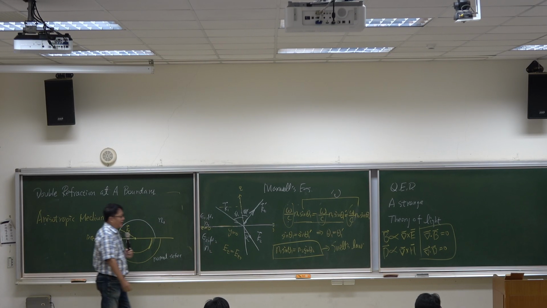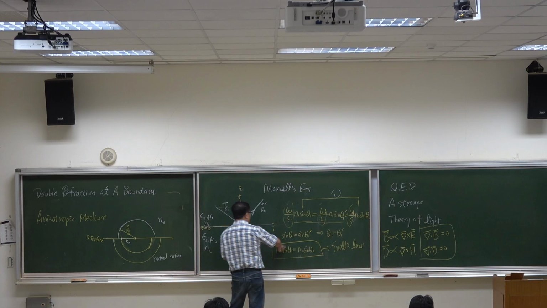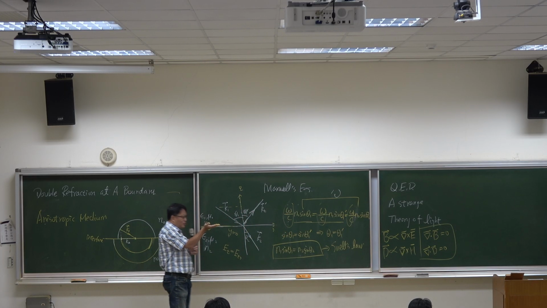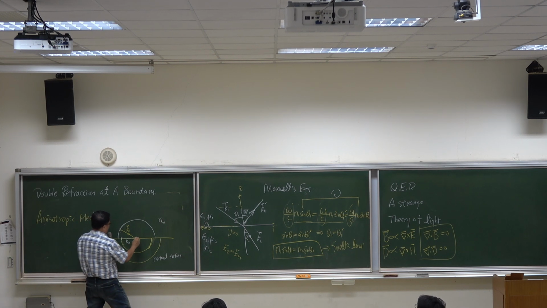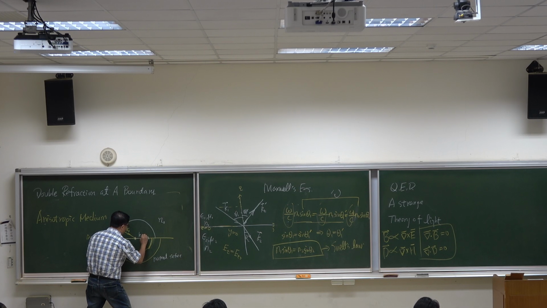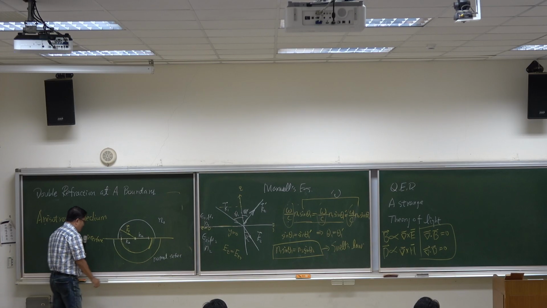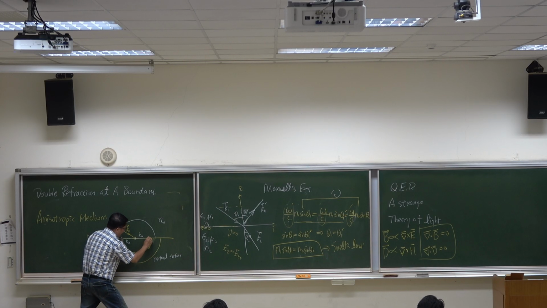And then we know that Snell's law means keeping the tangential component of the K vector unaltered. So we take this segment K0x and we see what kind of K vector inside corresponds to this projection when we use the normal surface.